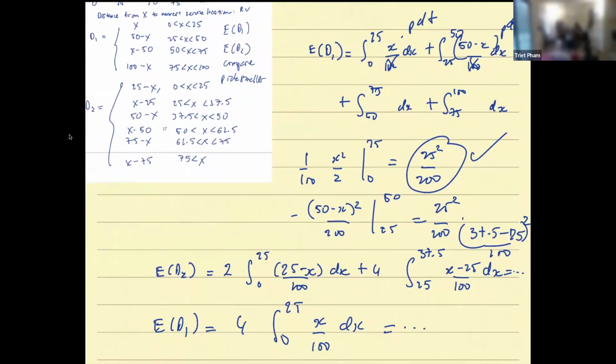Here we can cut through a lot of calculations because the problem is meant to be simple-ish. But the problem can be much more complex with a different PDF, and of course the answer might not be the same, as in the choice of D2 being better. Any question?